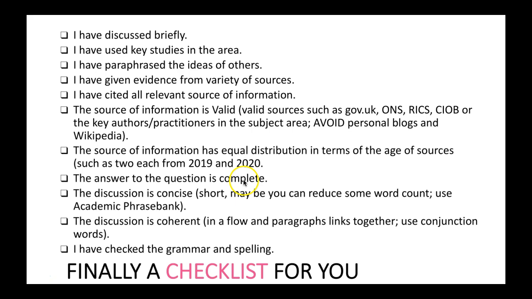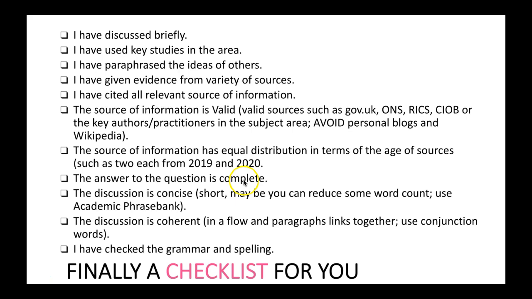The sources of information have equal distribution. So that is a checklist for you to use after writing, when you're writing a literature review, the background of the study, your research methodology, or any other chapters. That list is not exhaustive. It could be relevant for different types of writing.